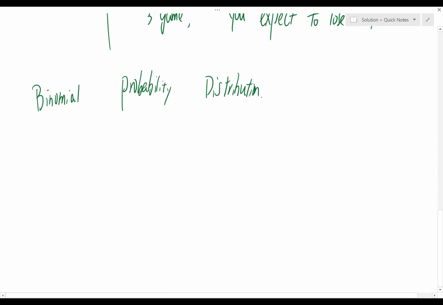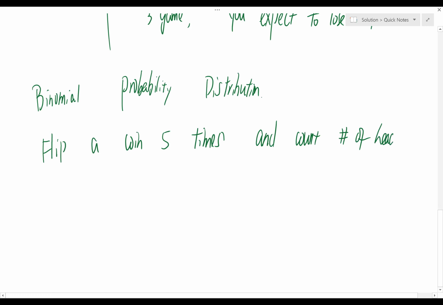Let's say you flip a coin 5 times and you count the number of heads. It's just assuming you're betting on the heads, right? So you're counting how many heads show up when you flip a coin 5 times. And this is exactly the concept of binomial probability distribution.